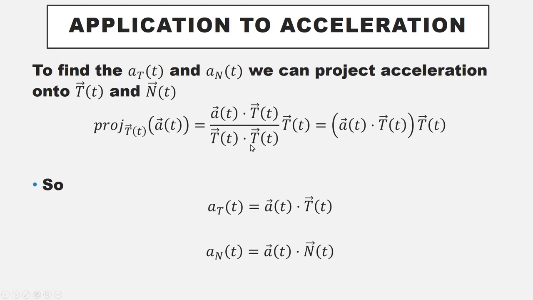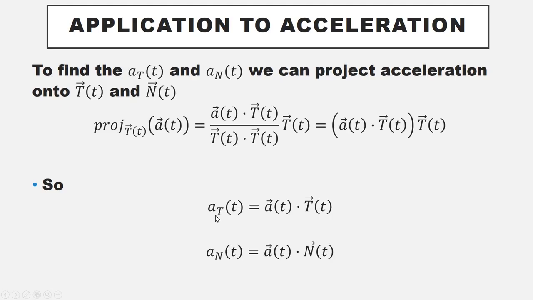Well, unit tangent has length 1, so when I take the dot product of unit tangent with itself, I just get a 1. And therefore, when I project the acceleration vector onto the unit tangent vector, I get acceleration dot product unit tangent as my coefficient of the unit tangent vector.